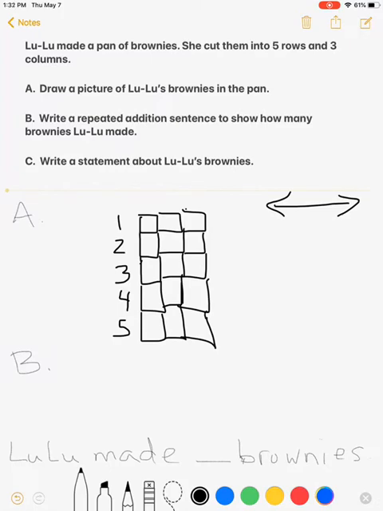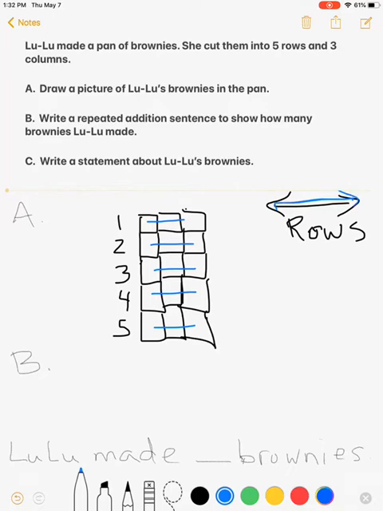Now let's double check our work here. Do I have 5 rows? Again, rows go left to right. So if I'm thinking about that, I have 1, I have 2, I have 3, I have 4, and I have 5. So I have my 5 rows going left to right.